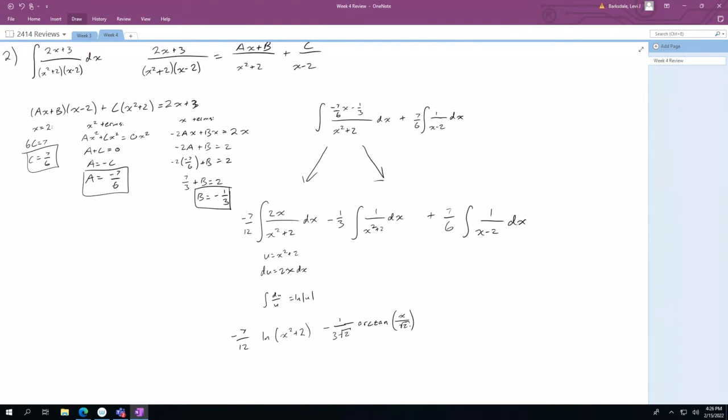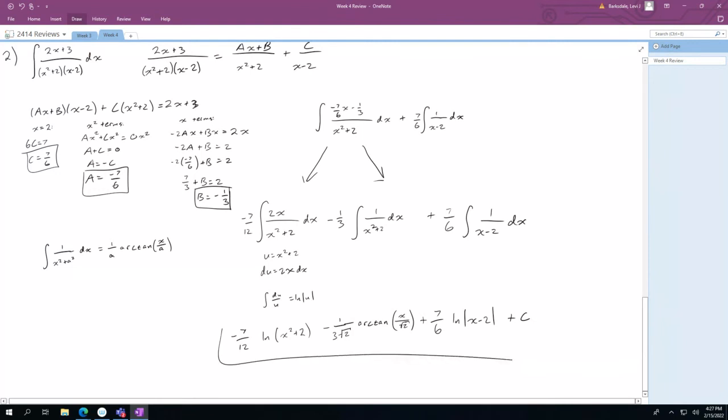Our integral in general of 1 over x squared plus a squared is equal to 1 over a arctangent of x over a. That's the general rule we're using there. And finally, this one's just a basic natural log. And we have our plus C. So there is our final answer. Any questions?